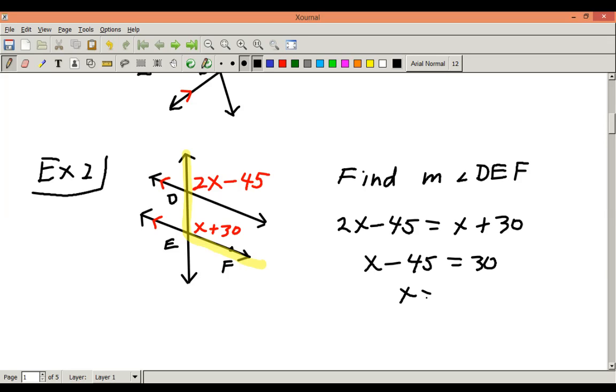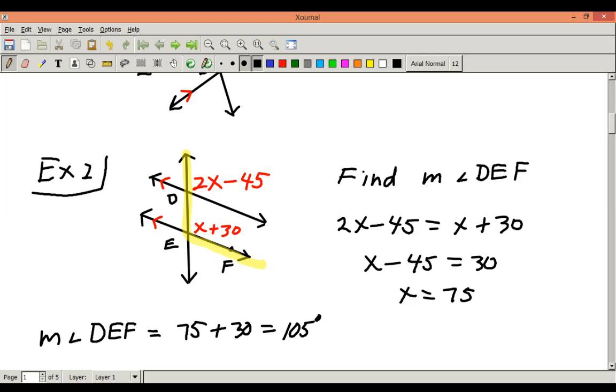So now we have x equals 75, but remember, we're not done there because we want angle DEF. So for the measure of angle DEF, we go one more step and take that 75 plus 30 and get 105 degrees. So that's the measure of angle DEF, 105 degrees.